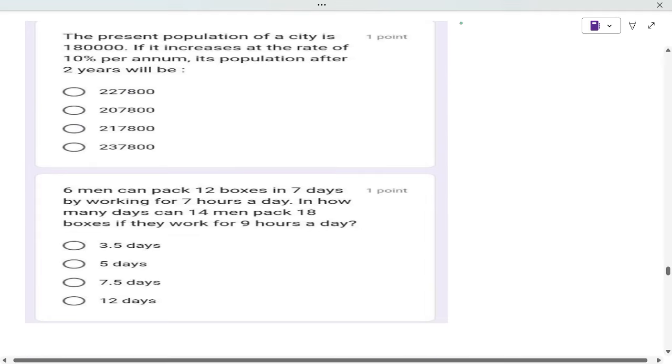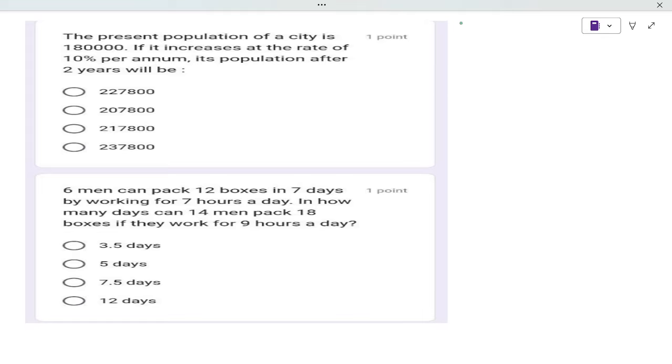Next one. The present population, this is from percentage again. The present population of a city is 1 lakh 80,000. If it is increased at the rate of 10% per annum, its population after 2 years. Every year 10% होती है बोले तो. First year भी 10% होती है.